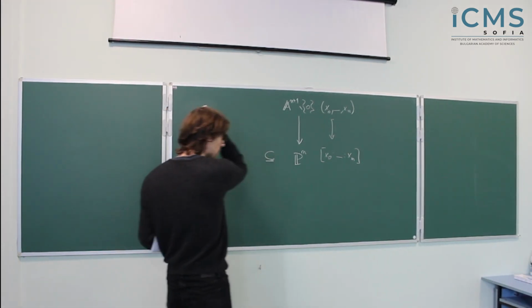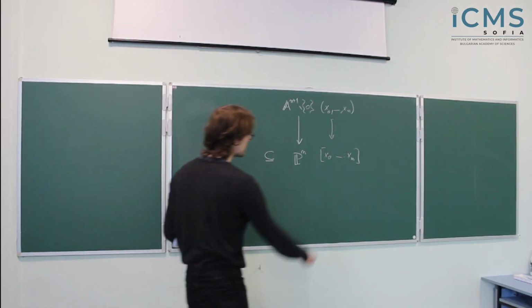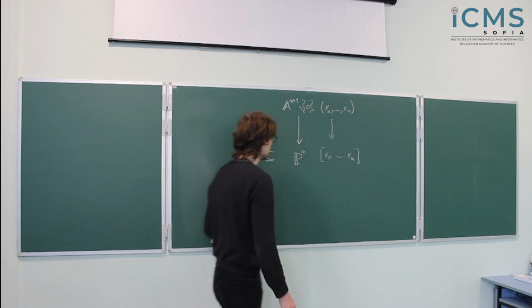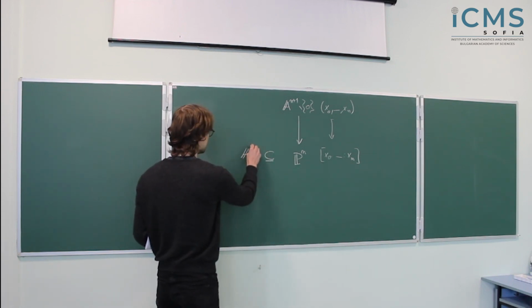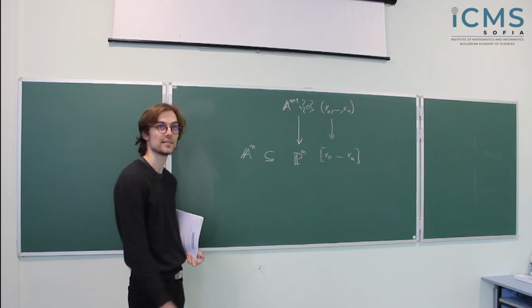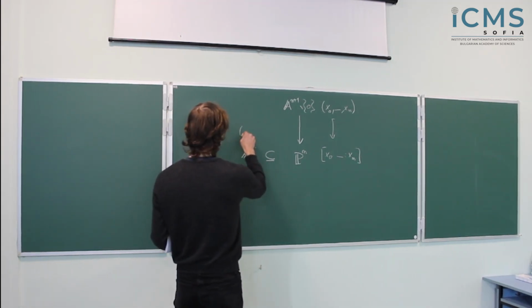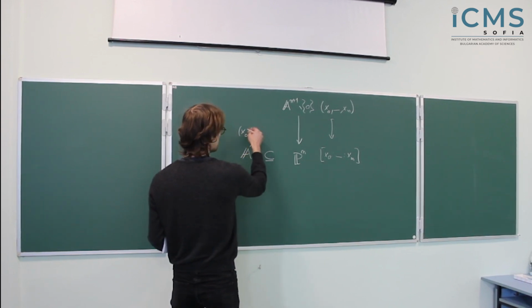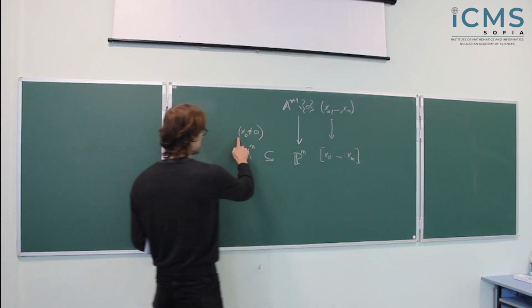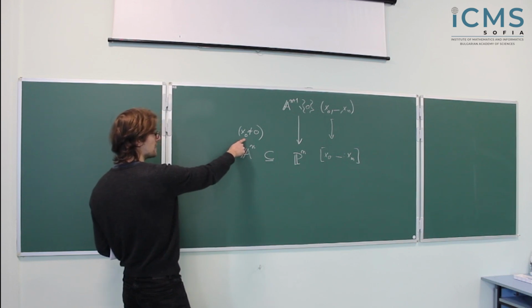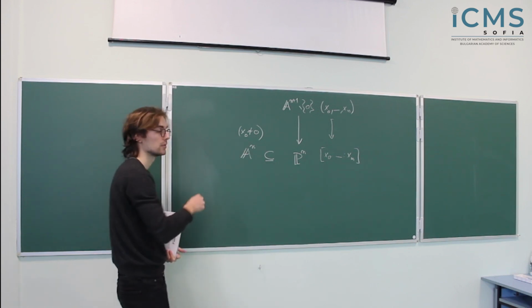So inside of this, for any choice of a coordinate, we can find a copy of affine n-space inside of it. So how do we do it? Well, consider, for instance, that we chose the very easy one. We just chose the points where x0 is not equal to 0.